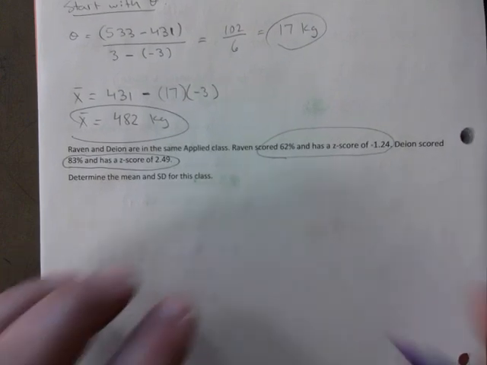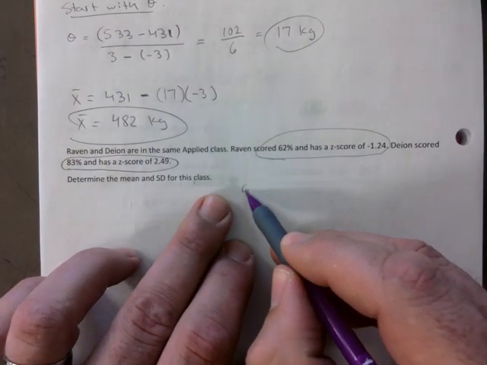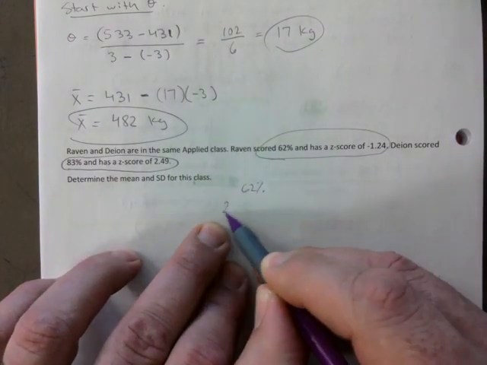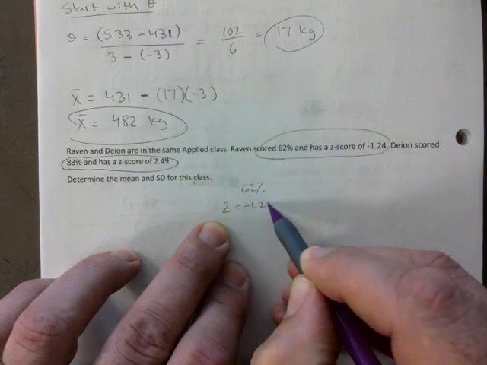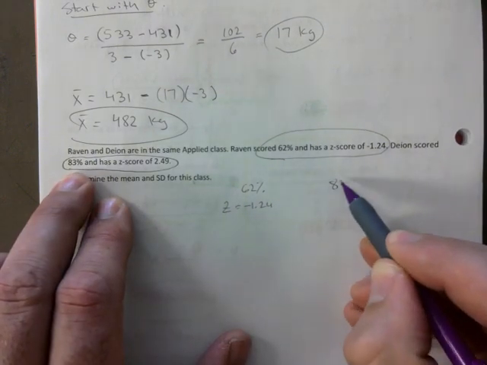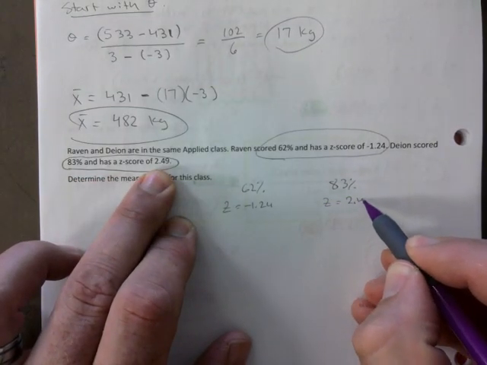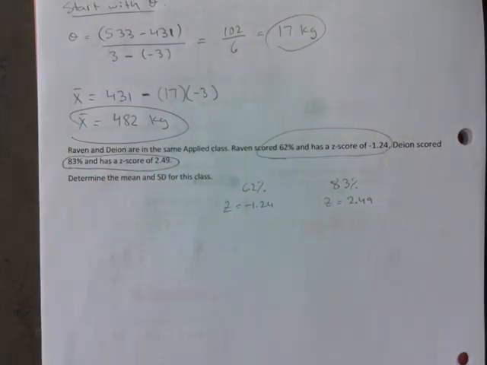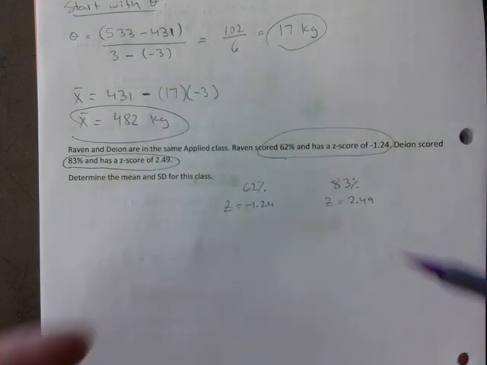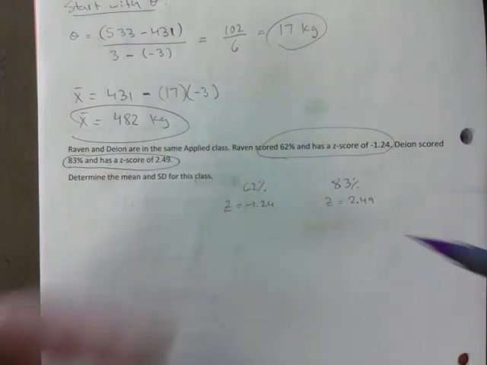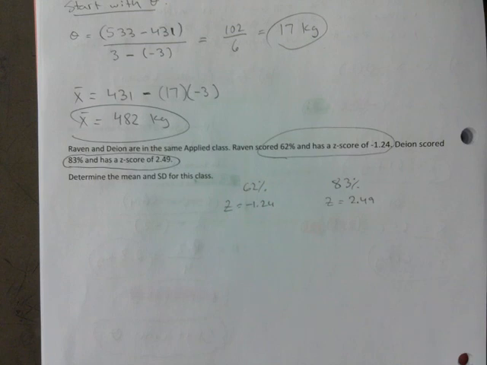What's going on here? Well, think about it this way. 62% has a z-score of negative 1.24, whereas 83% has a z-score of 2.49. So it's just like before with the horses, we had two different weights and the z-scores. But Mr. Dirksen, they didn't give us the z-scores. Yes, they did, just in a different way.